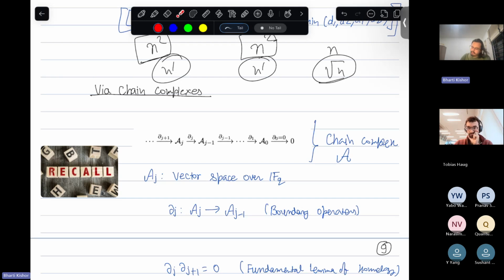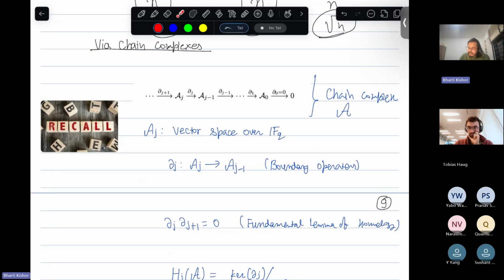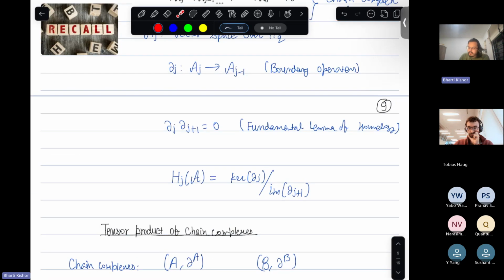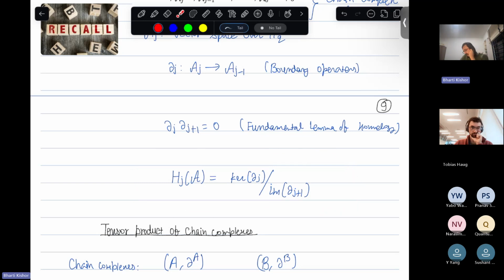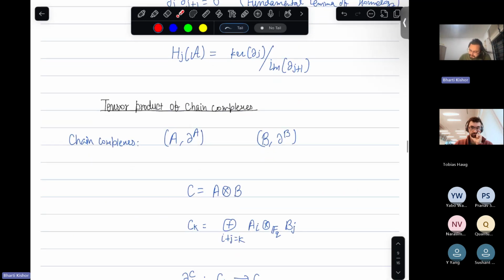So let's say you have a chain complex, and let's say this A_j is a vector space over, let's say, F_q, and you have some boundary operator delta_j, which takes you from A_j to A_{j-1}, such that delta_j delta_{j+1} equals 0, which is the fundamental lemma of homology, and which is what you need to construct a chain complex. If you recall, we have this homology group, which is the kernel of delta_j quotiented by the image, and this quotient group we call the jth homology group.